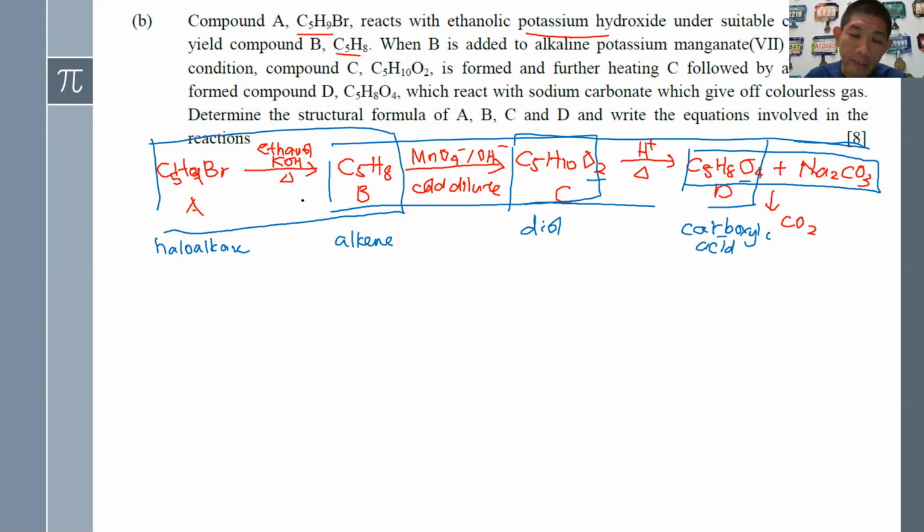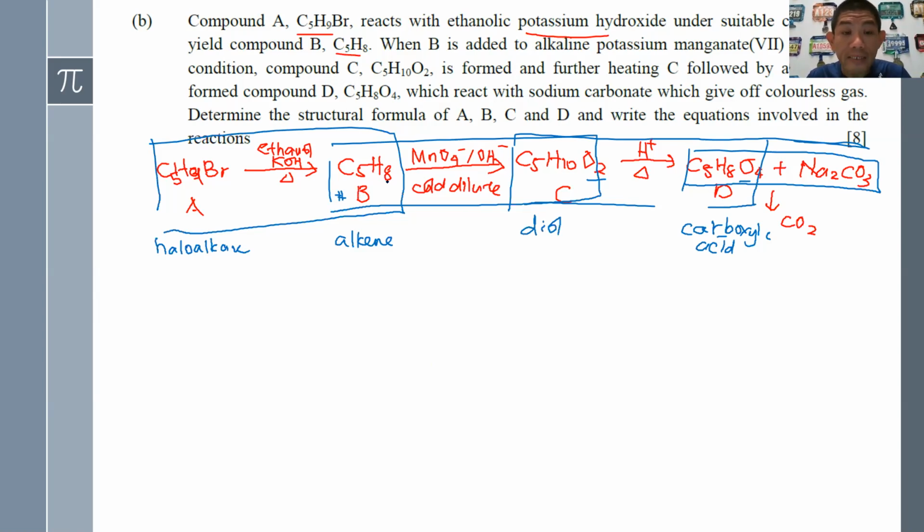To understand this, from my angle of understanding, I'll definitely go for the alkene first. So this alkene is C5H8. You have to think, what are the possible molecules with the formula C5H8? A normal alkene with C5 would definitely be H10.